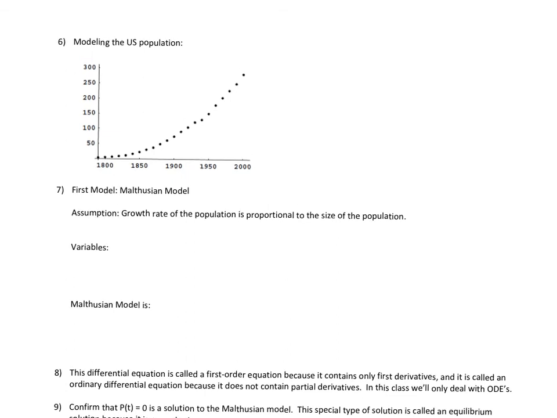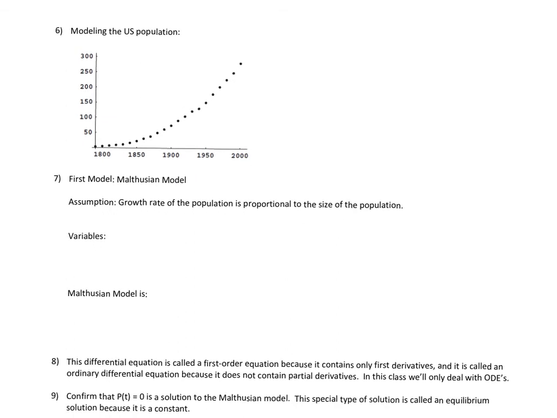So let's let that be P. P equals number of people in U.S. population. And then we've got T for time. We'll say years since 1800. And then we've got the size of the population, check.